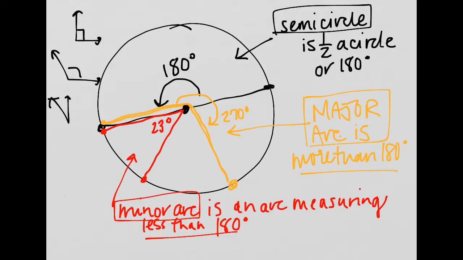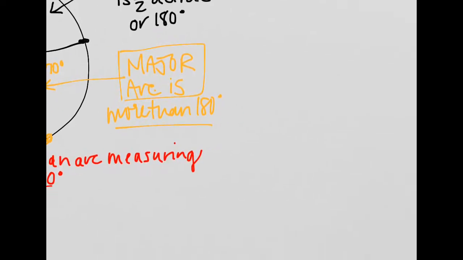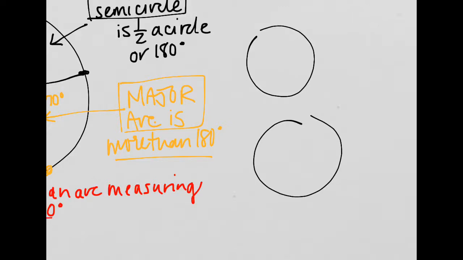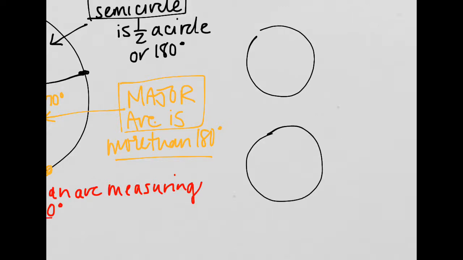Okay, and there's only one more type of circle that we need to address, and it's also pretty obvious. I'm going to draw two circles. If you have two congruent circles, my goodness. Okay, pretend those are congruent. That means that their radius is the same length, okay? Let's just imagine with me, okay? All right, so if you have either the same circle or two circles, and you have the same measure, then their arcs are also congruent.